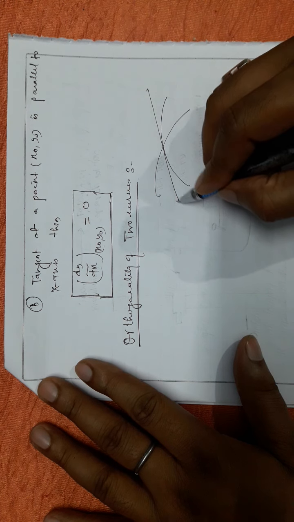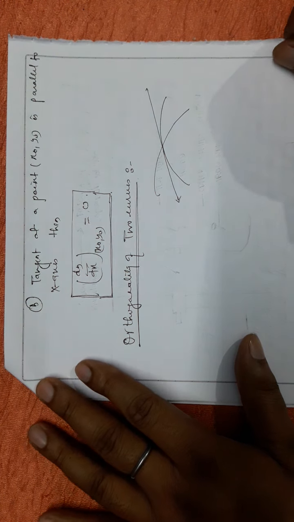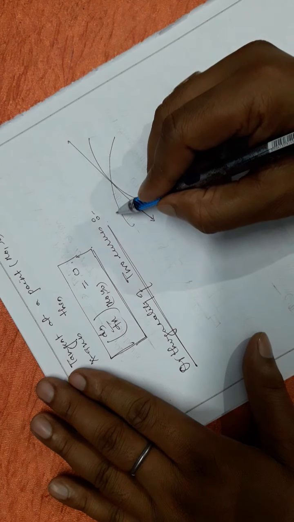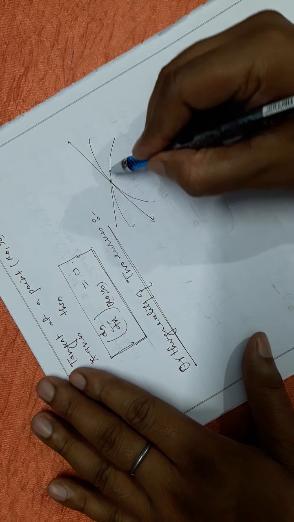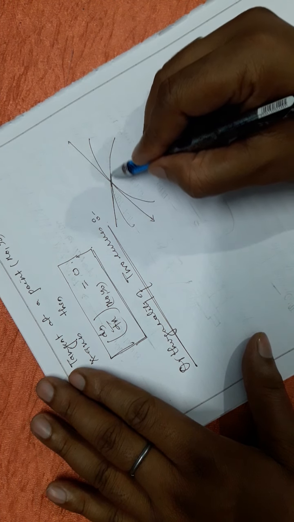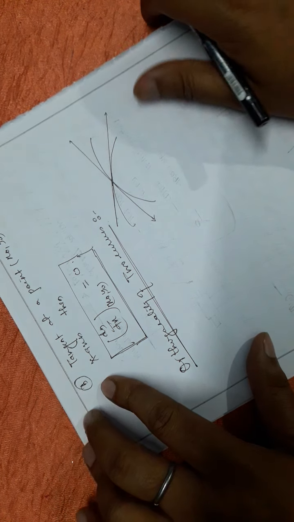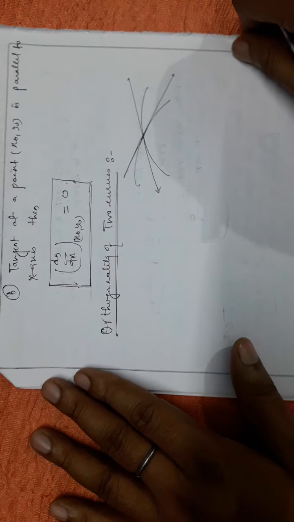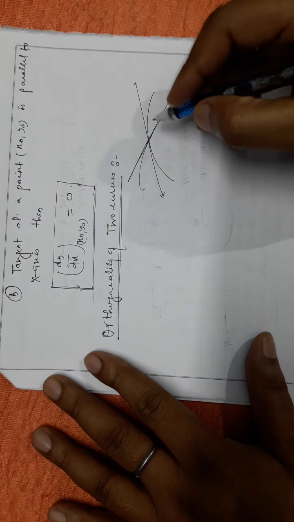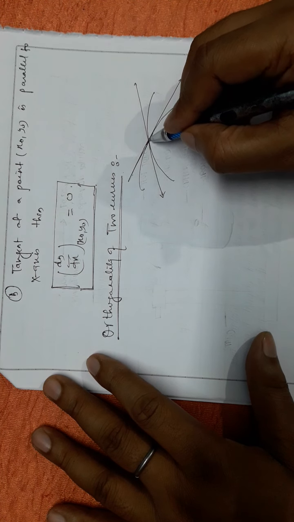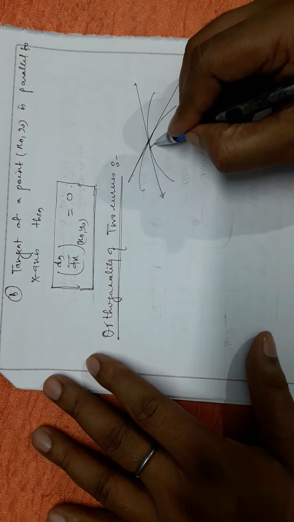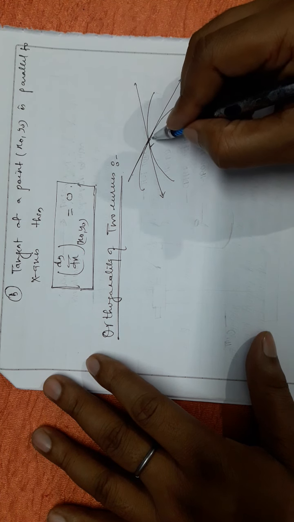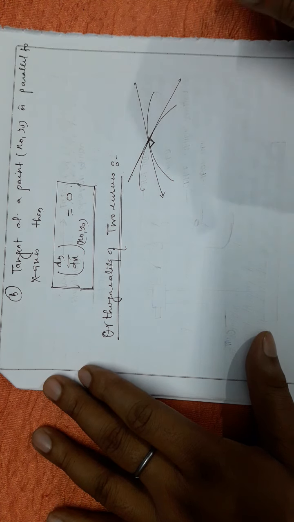But curves intersecting at a point is called a right angle is not correct. So if you say the curves intersect at right angle, it means the tangents at the point of intersection of those two curves make an angle of 90 degrees.